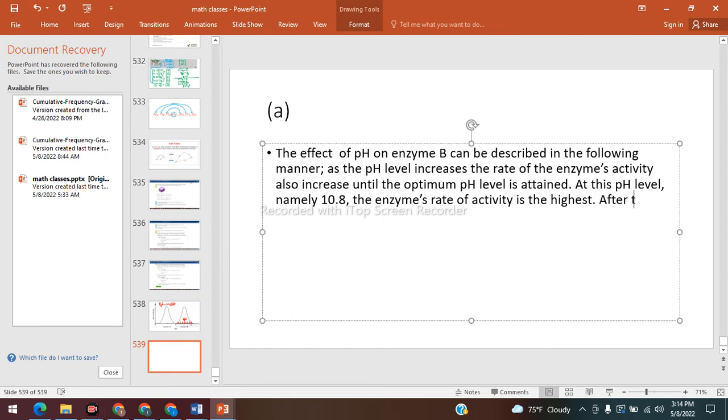After this point, as the pH level increases, the rate of the enzyme activity also decreases.